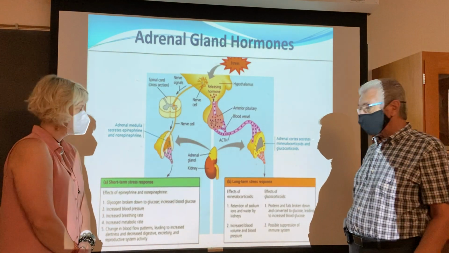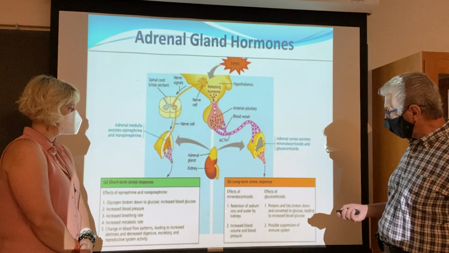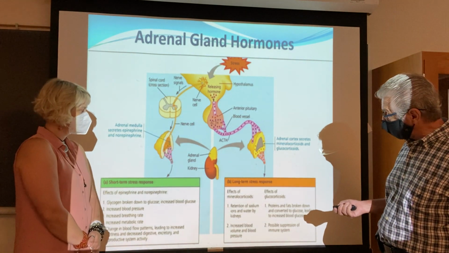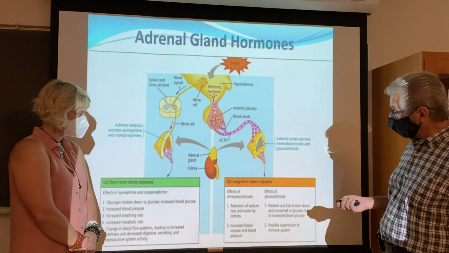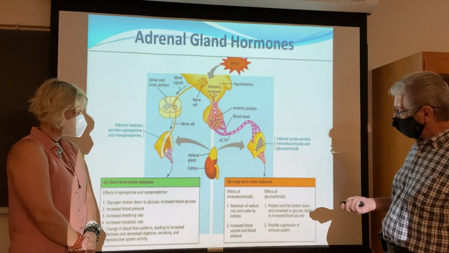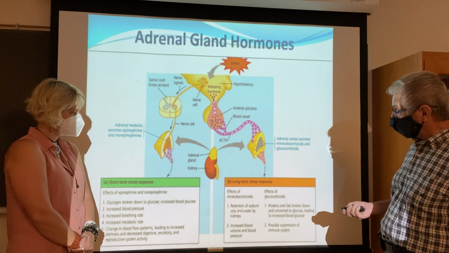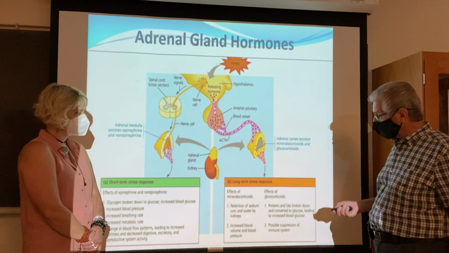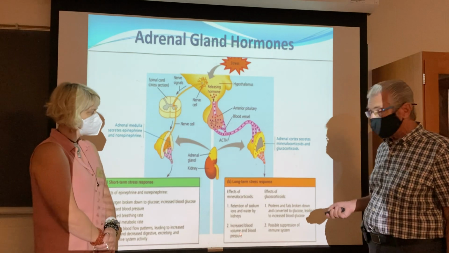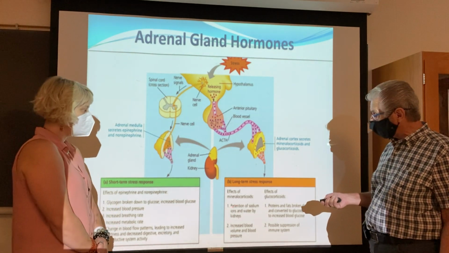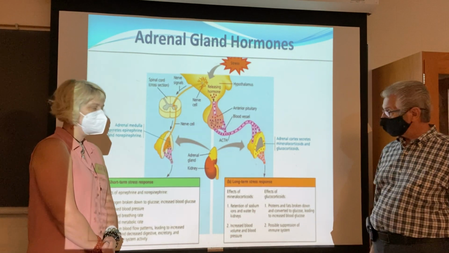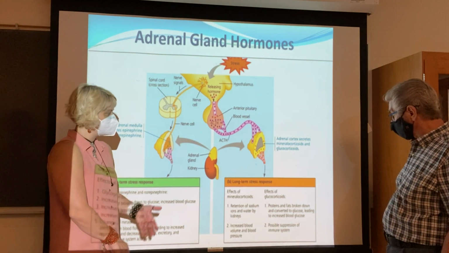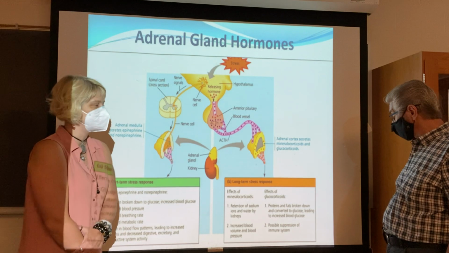Lisinopril is a medication that is an ACE inhibitor, and what that ultimately does is it inhibits the conversion of precursors to aldosterone. And consequently, when that happens, it helps to lower the blood pressure because you're not retaining the water. Now you're going to urinate it out. And your blood pressure goes down simply because the blood volume goes down.